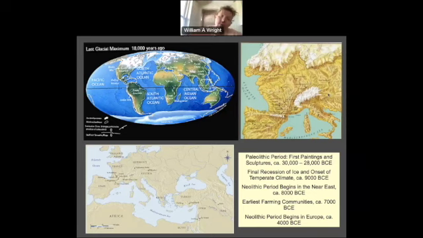Because of this, the majority of works and tools that we have found from the Paleolithic are oriented around the middle of the planet: Southern Europe, the Mediterranean, North Africa, and down to the equator, and Mesoamerica and Central America, because there was ice keeping people from moving further up and having any kind of culture.